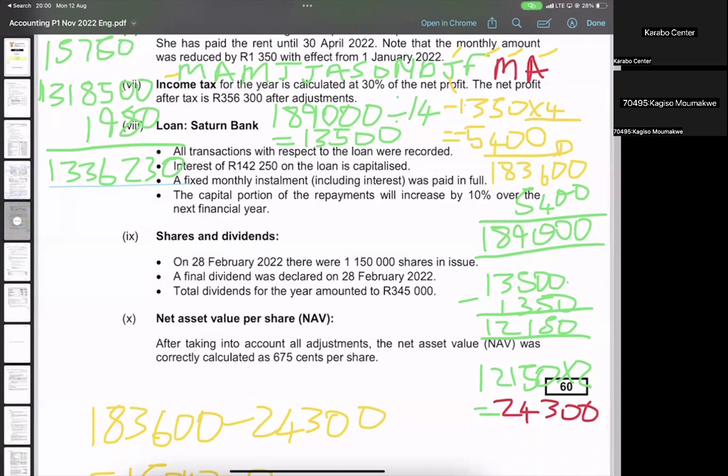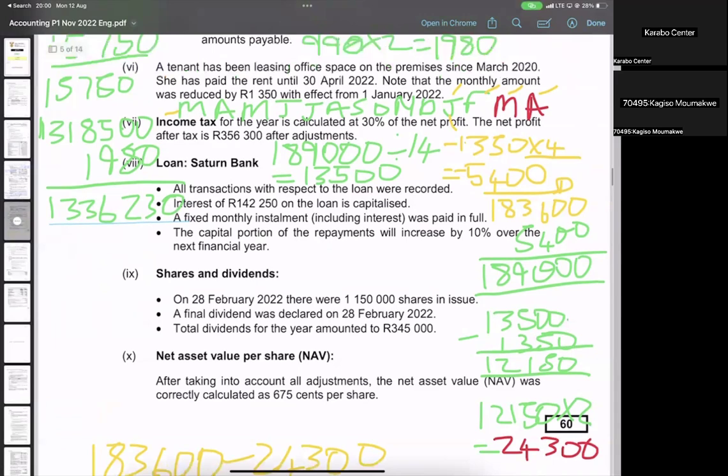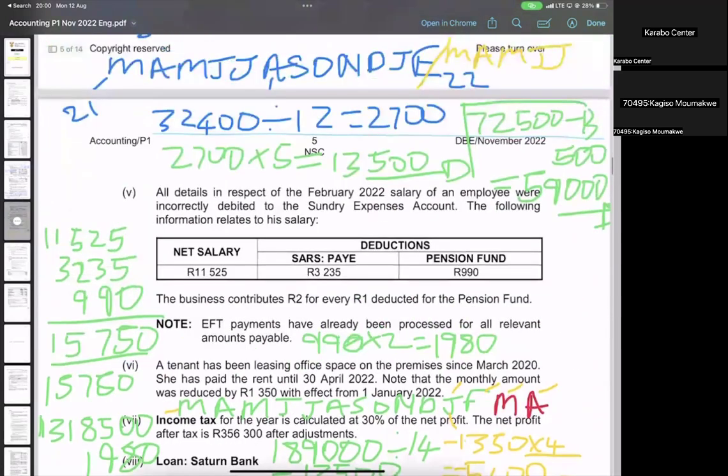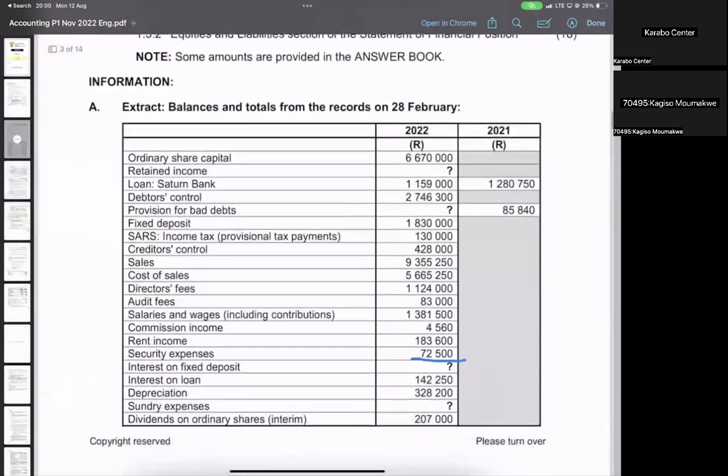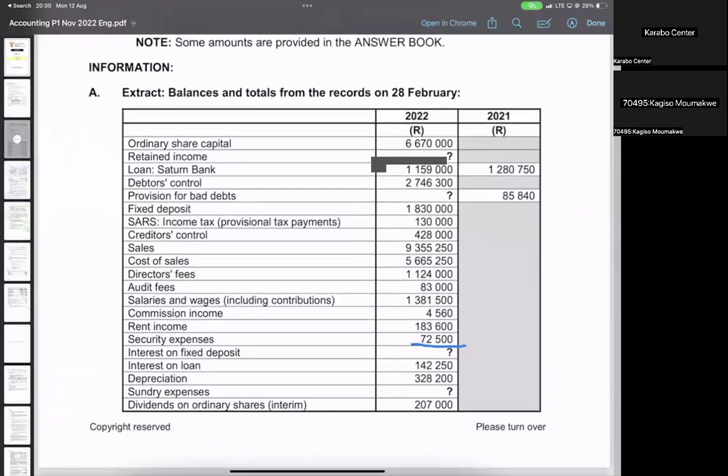So, okay. Here we have to calculate our long-term loan and our current portion. So we have to calculate our non-current liabilities and our current liabilities in terms of the loan. So here's our loan. They say at the beginning of 2021, the beginning of our financial year, we owed 1,280,750.